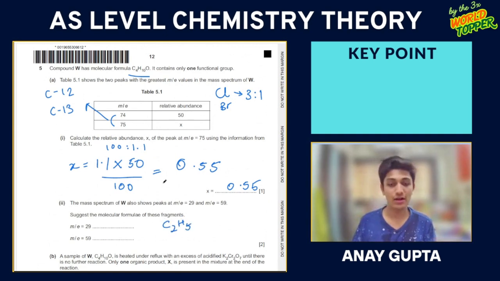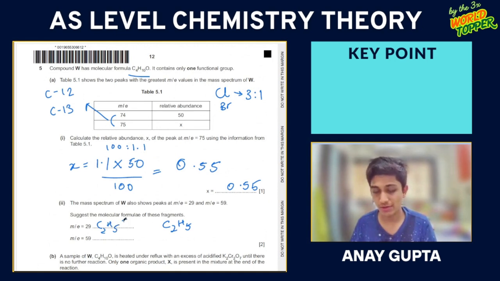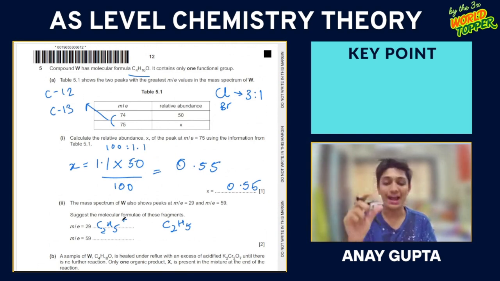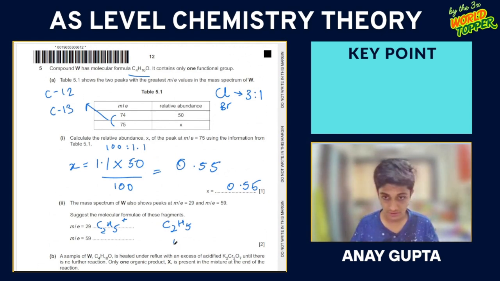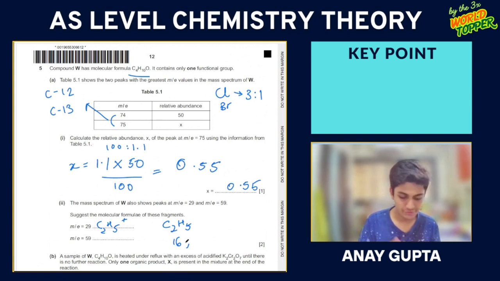That sounds like a pretty decent combination. So 2 times 12 will give me 24 plus 5. So that gives me C2H5, and always add a positive sign because we have taken a mass spectrum, so we have ionized these fragments. And for 59, I can start with an oxygen that will give me 16. Then if I remove 16 from 59, that gives me 43.